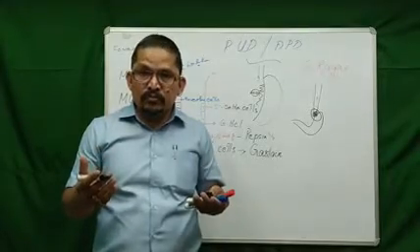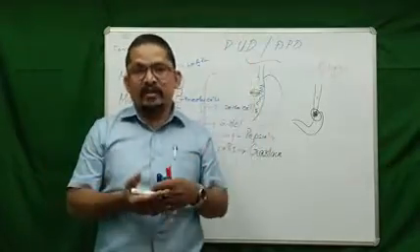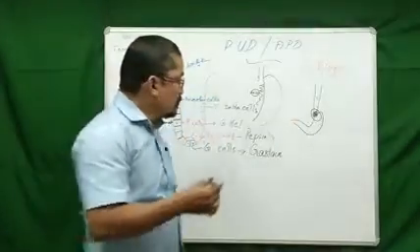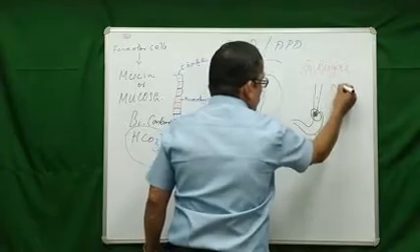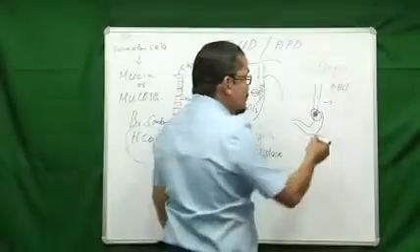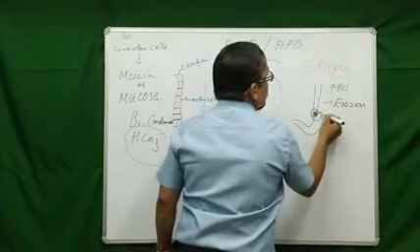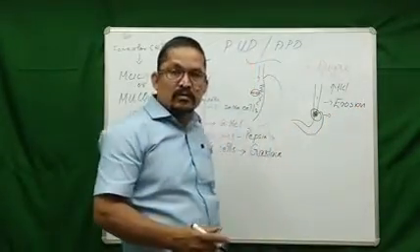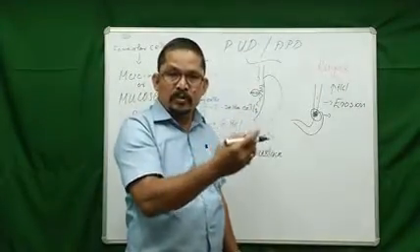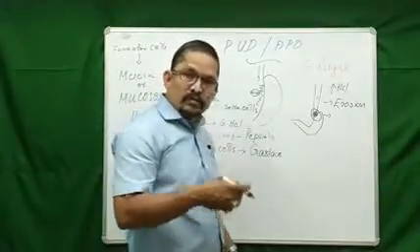In cases of hyperchlorhydria, that means increased secretion of hydrochloric acid, the increased HCl results in erosion. When it fails to heal, the erosion may get pierced into the submucosa or muscularis, or it can reach up to the serosa.